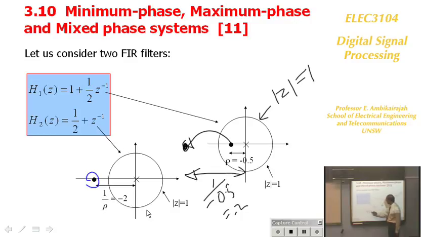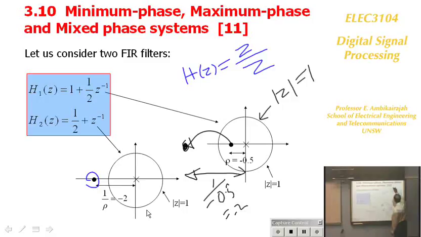The transfer function for this structure, H dash, will be (Z plus 2) over Z. If you write this transfer function and reorder it, it will become this one.